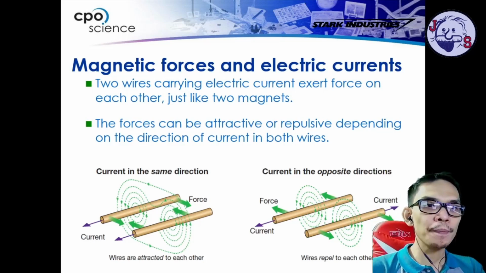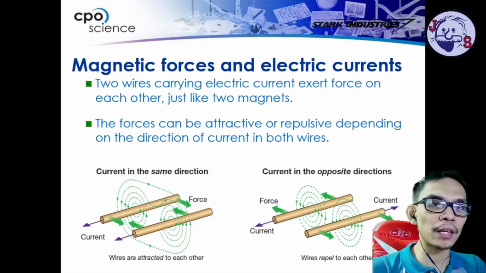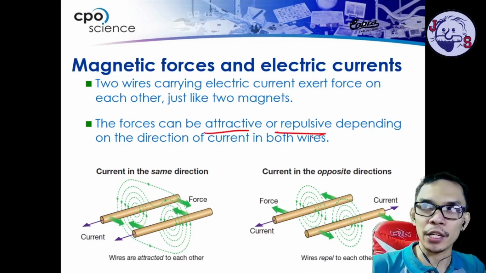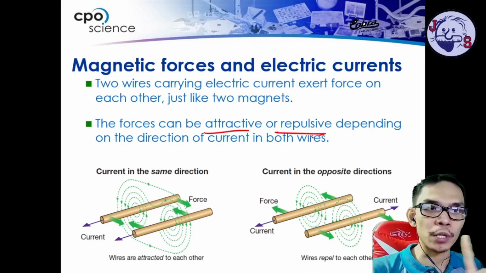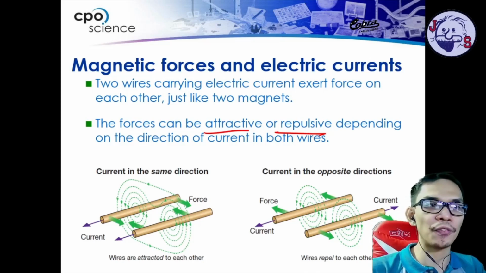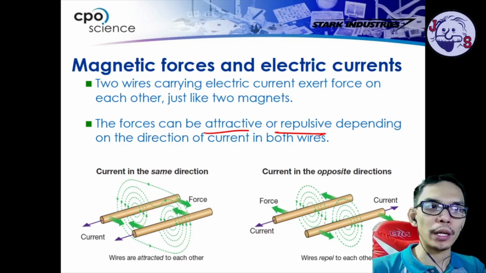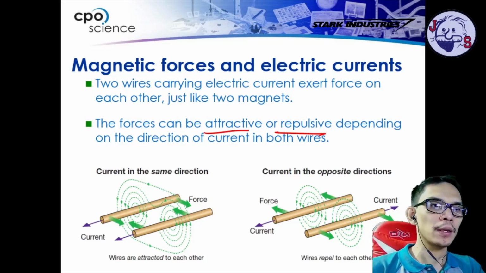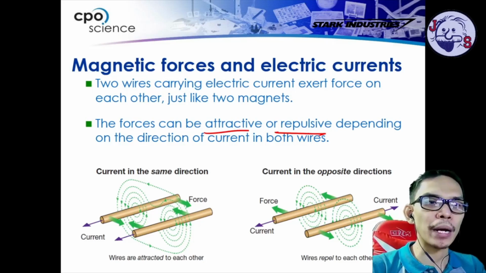You must have two magnetic fields in order to achieve these forces. Otherwise, if you just have one magnetic field, there will be no forces interacting between the two wires. So that is the magnetic field.